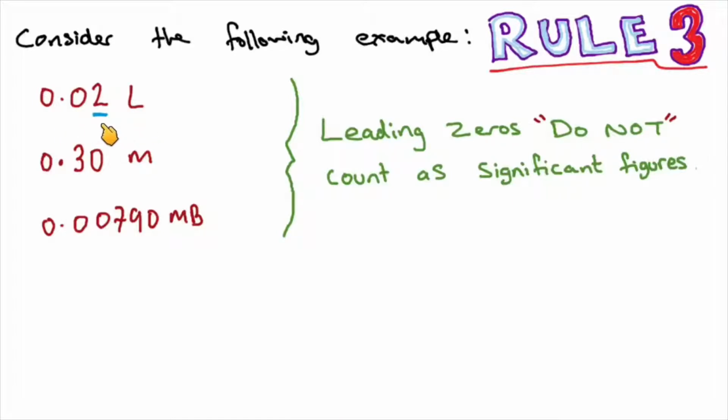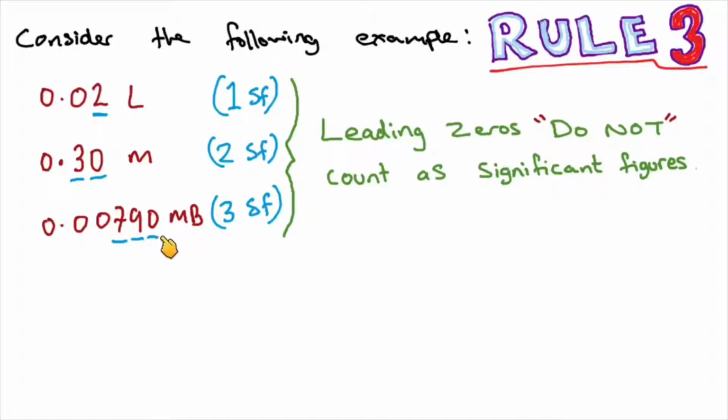0.02 liters, only the 2 is significant, so we have one significant figure. The second question, 0.30, we have 2 significant figures. Remember, because we have a decimal, this trailing 0 counts. So the leading zeros do not count, so 0.00970 has 3 significant figures.